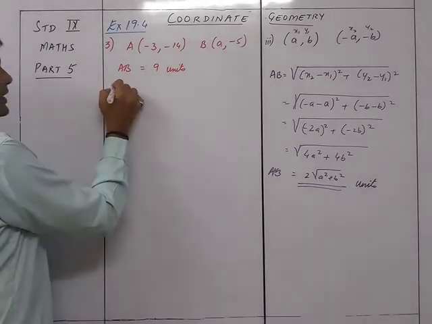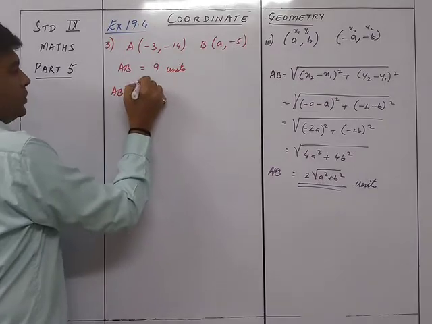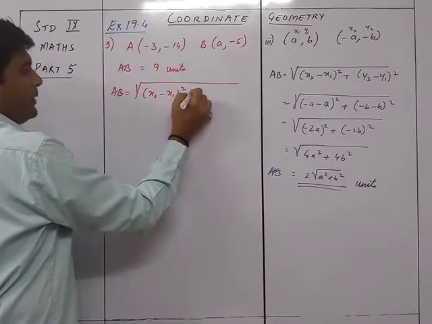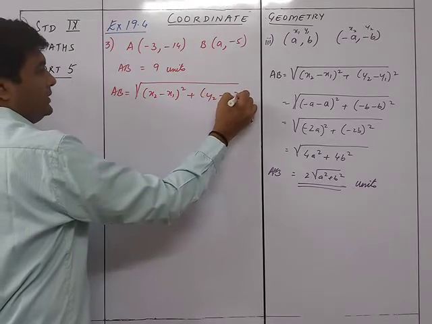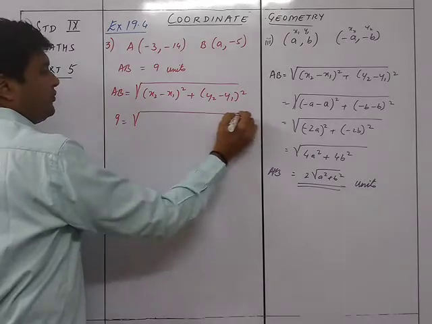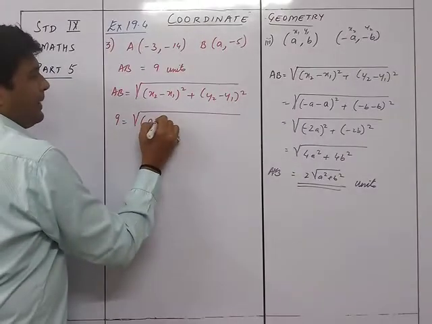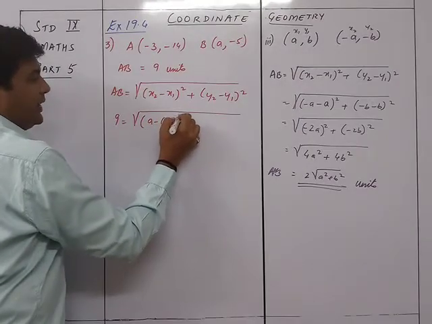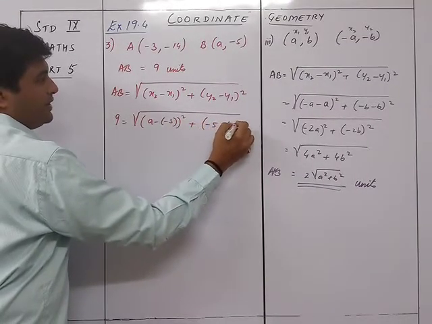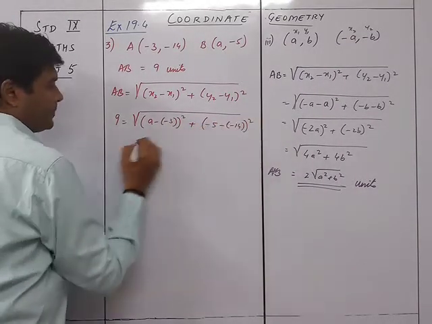So we have over here AB is equal to square root of x2 minus x1 the whole square plus y2 minus y1 the whole square. So it's 9 is equal to square root of A minus of minus 3 the whole square plus minus 5 minus of minus 14 the whole square.